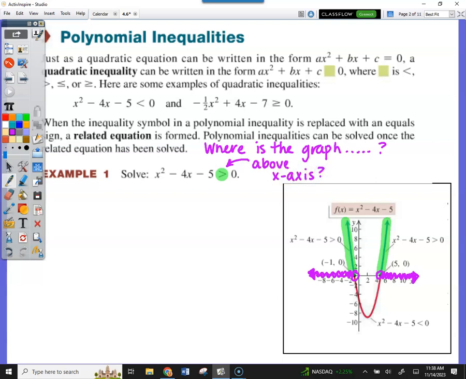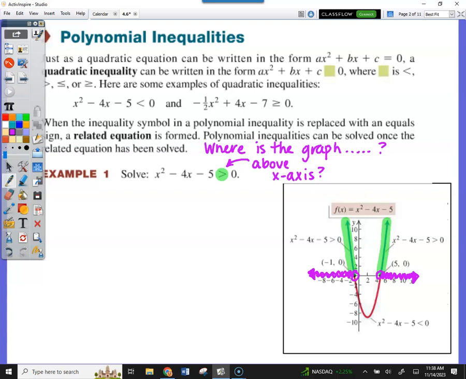Whatever it's equal to is the y value, same thing as solving for the solutions, but since it's an inequality, we're no longer interested in just where it crosses the x. We're interested in where we shade on the x.